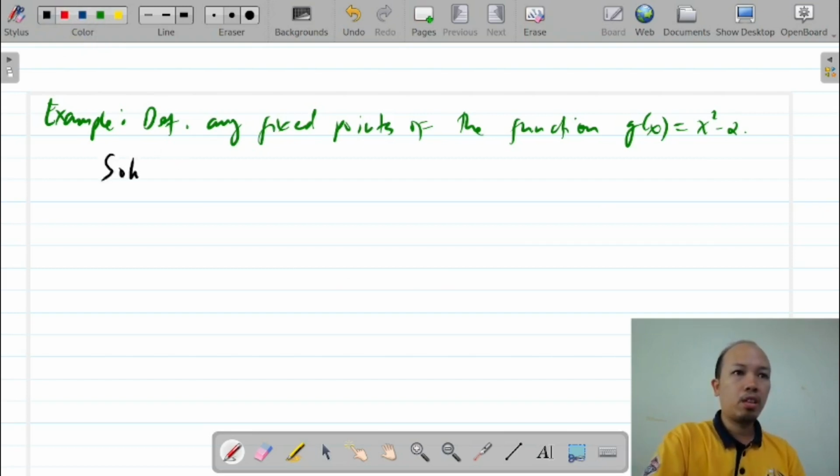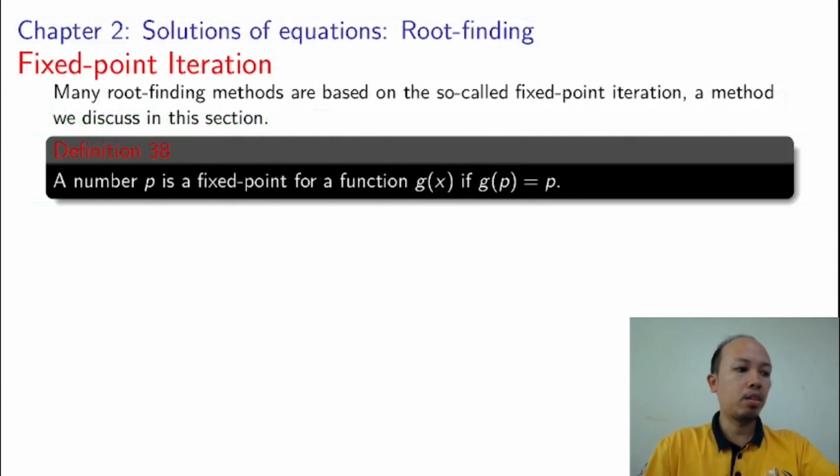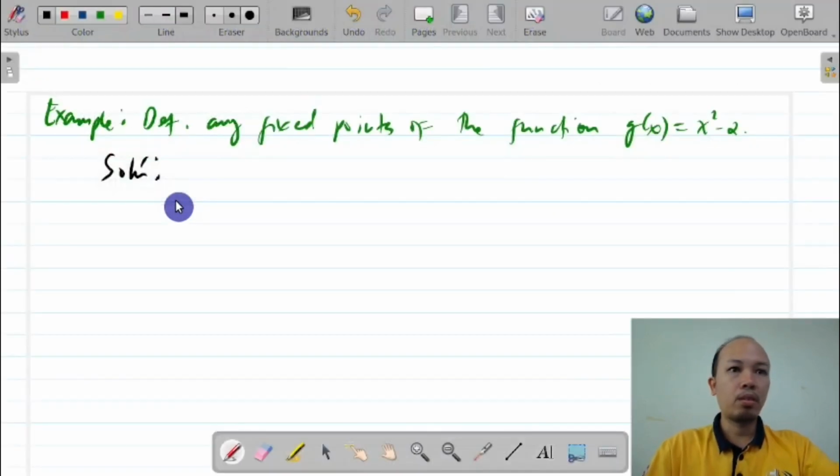Based on the definition, if we go to definition 38, so you have to solve this equation. G of p is equal to p. Okay, so or let's say x, g of x is equal to x, and replace x by p. So go back to our open board.